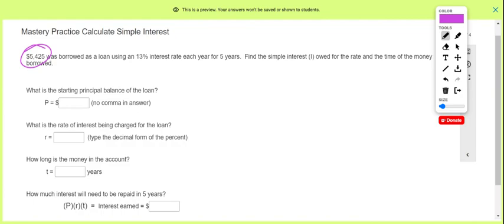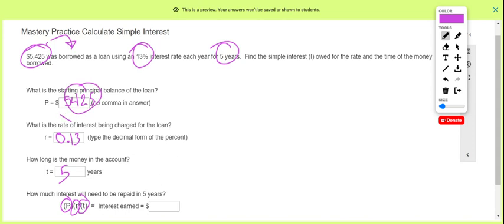We have a principal amount that was borrowed, $5,425. We have an interest rate of 13%, and it's for 5 years. Now, principal times the rate times the time.